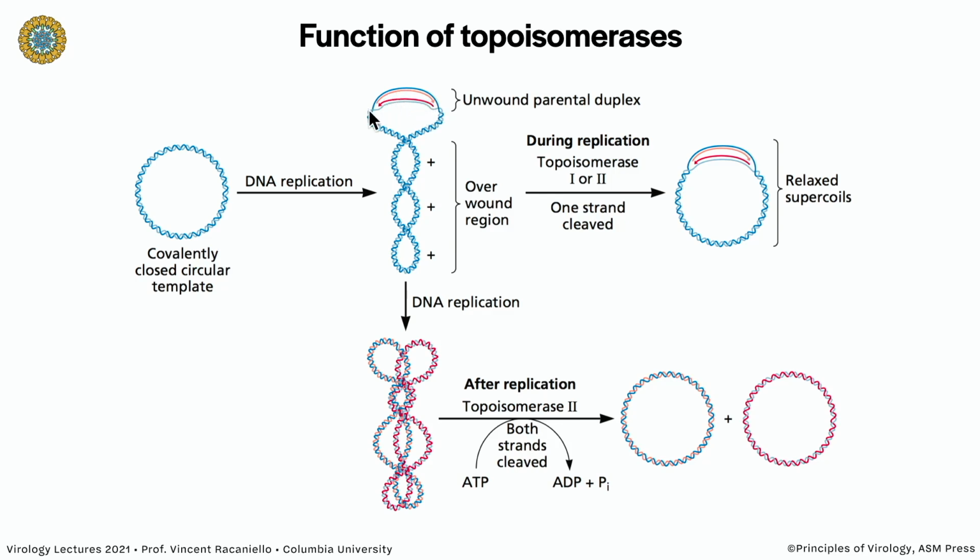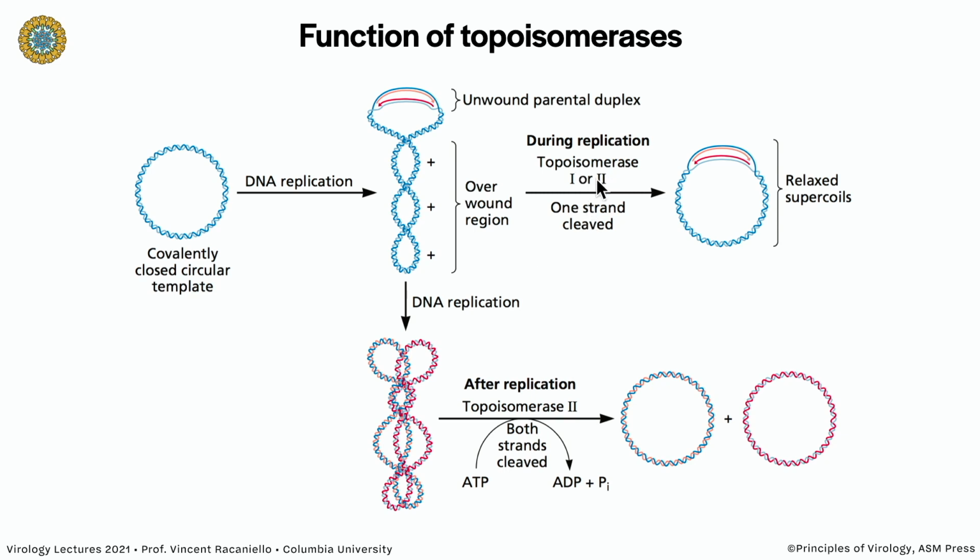As you unwind this and it gets bigger, the rest of the molecule gets overwound, because this is a circle. We're separating the two strands, and as we make new DNA, the rest of the molecule gets twisted. And DNA synthesis would eventually come to a halt if we didn't relieve this torsion. And that's the function of topoisomerase, one of them.